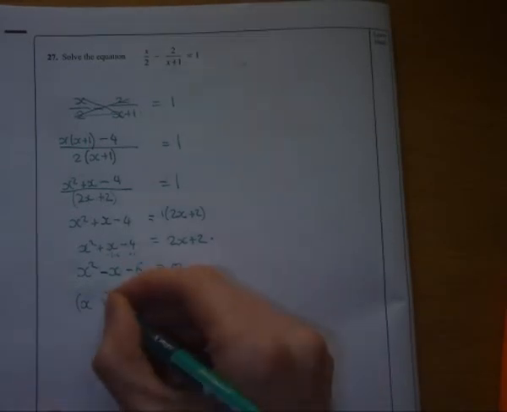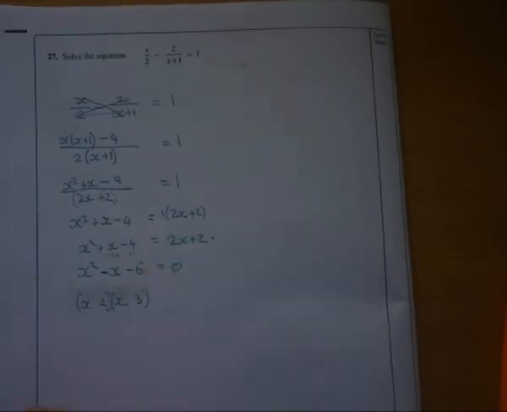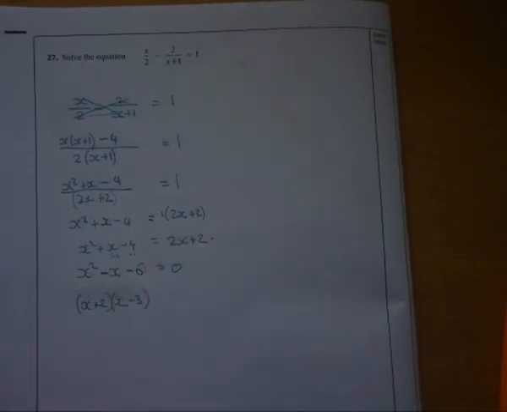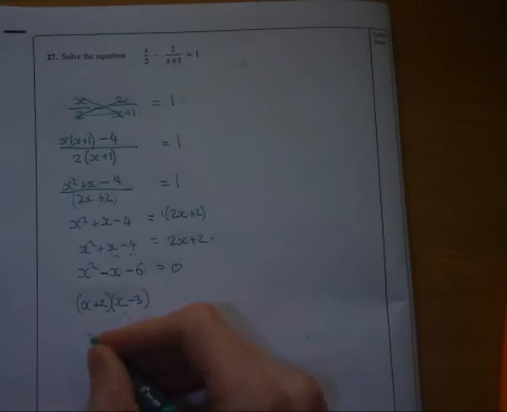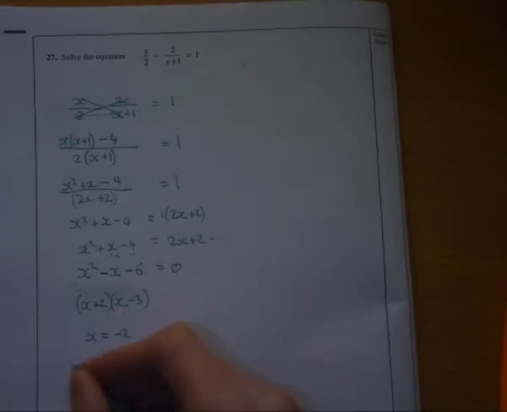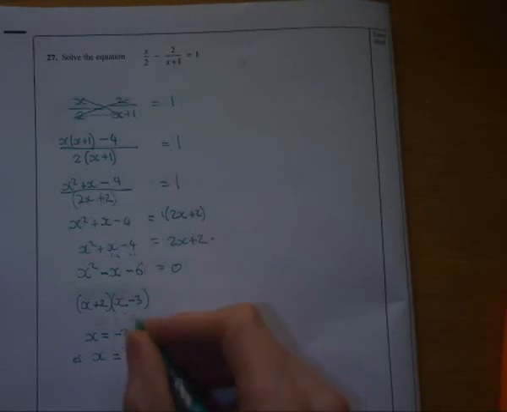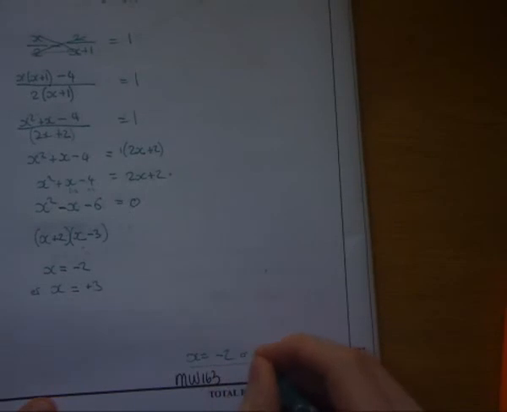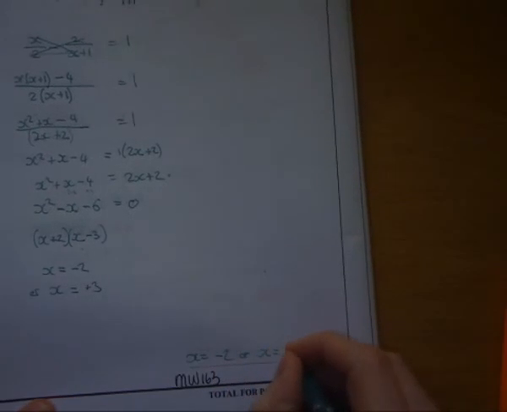Well, 2 times 3 gives me 6, so it's 2 and 3. It's a bit more negative than it is positive, so (x plus 2)(x minus 3). So x can be equal to minus 2, or plus 3. x equals negative 2, or x equals plus 3.